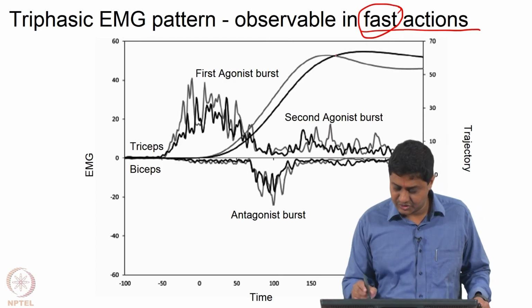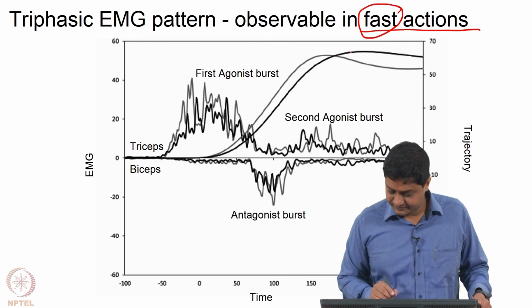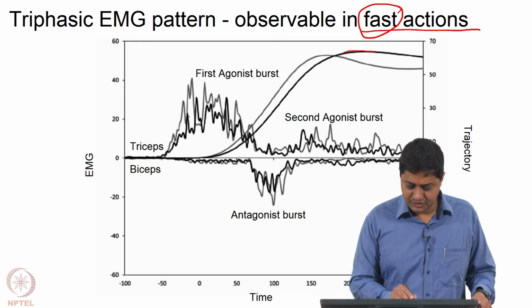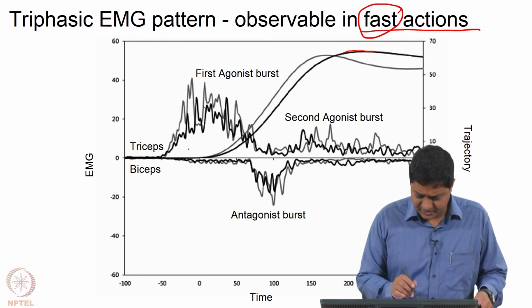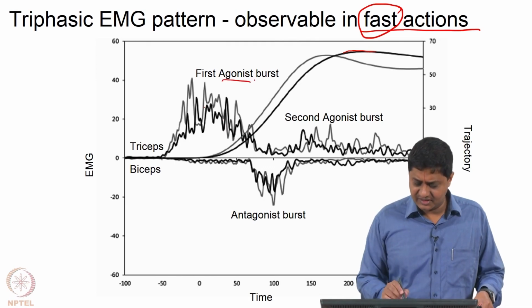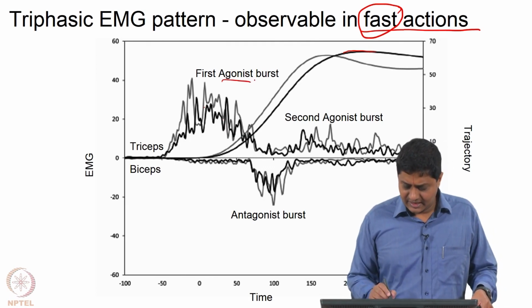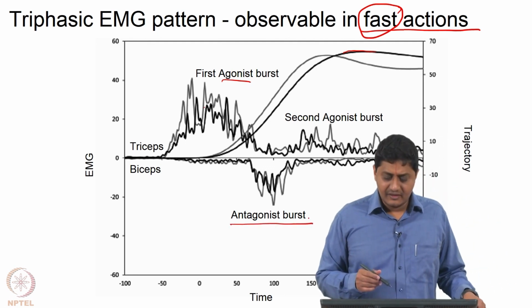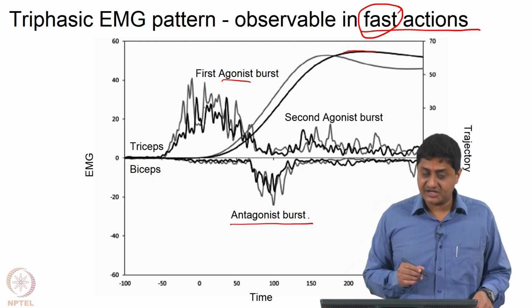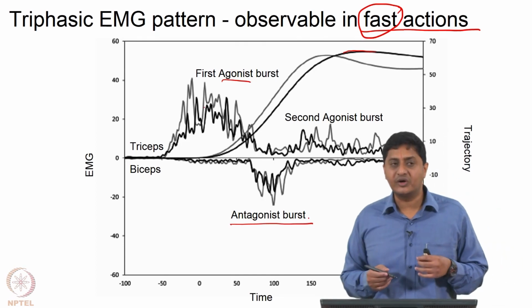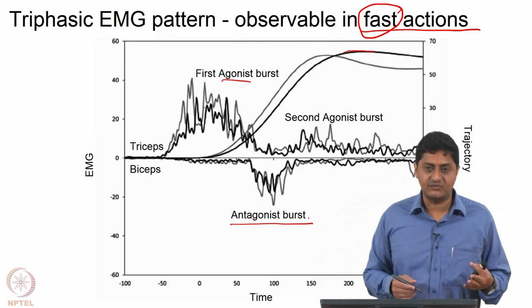What is shown here is the trajectory, and what is shown with the dark lines is the agonist burst, and the light lines is another type of activity. If I am producing a fast action, usually there is co-activation of both the agonist and the antagonist. We define what is an agonist and what is an antagonist.